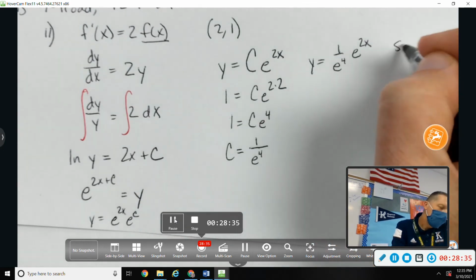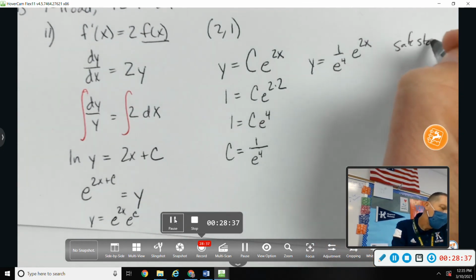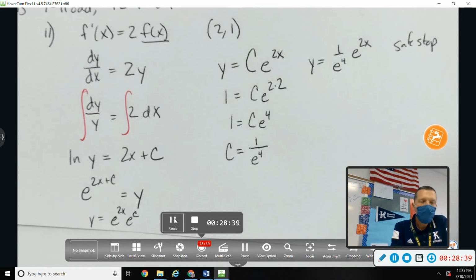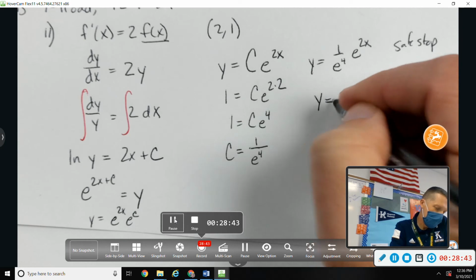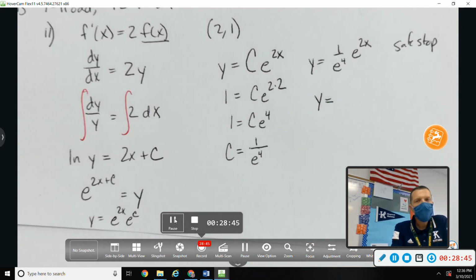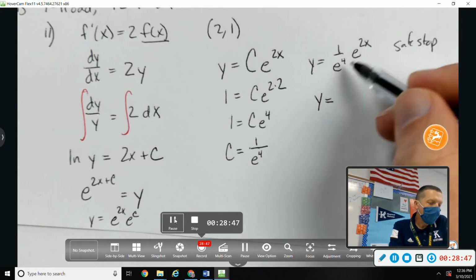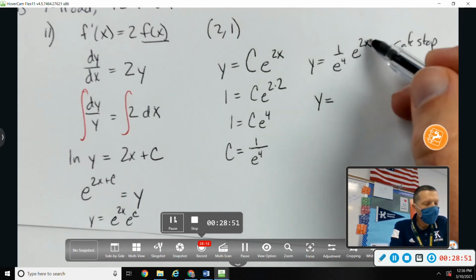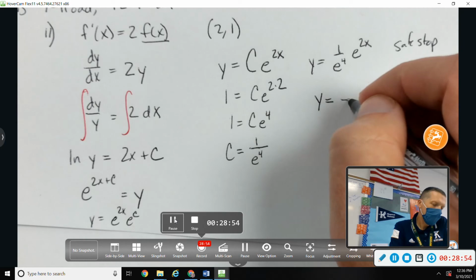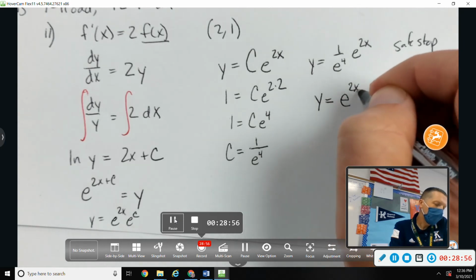So there's a safe stop answer. But I bet a multiple choice test doesn't look like that. I have e to the 2x over e to the 4. What can I do with the exponents? Subtract them and get e to the 2x minus 4.